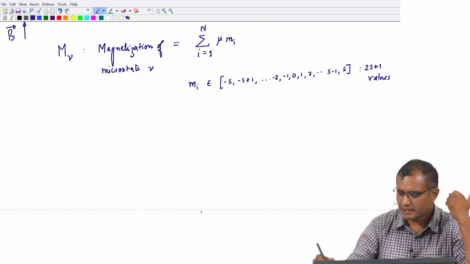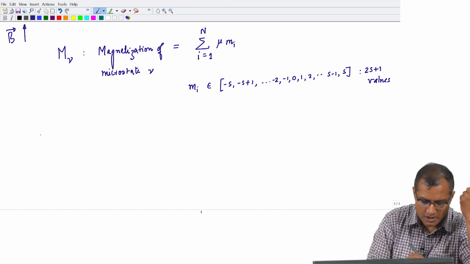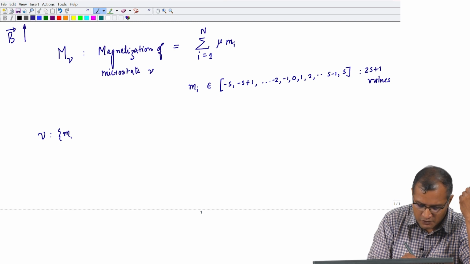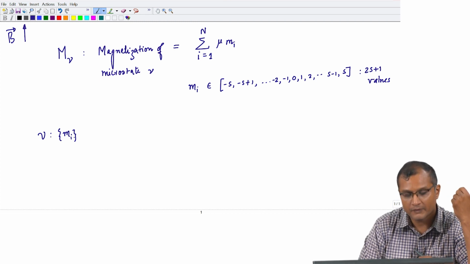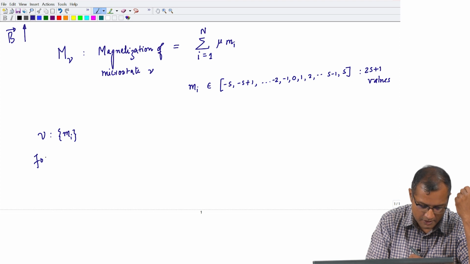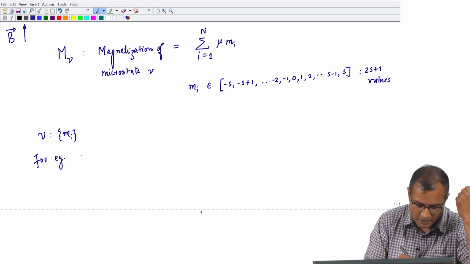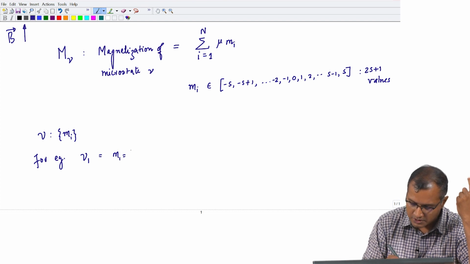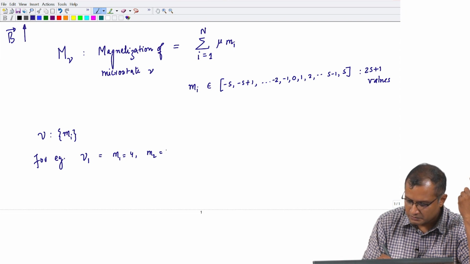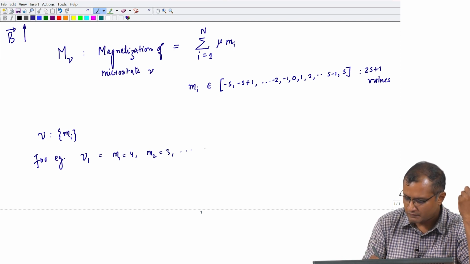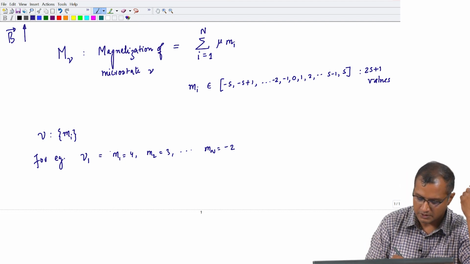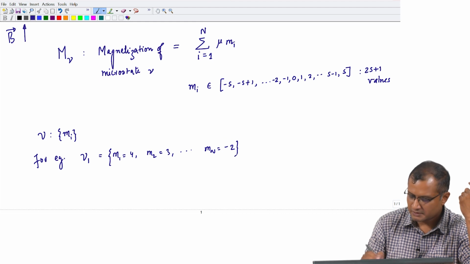Now, what is meant by a microstate here? As you already know, a microstate is nothing but specified values of these excitations. For example, one microstate can be specified as m1 equal to 4, m2 equal to 3 and so on, and mn equal to minus 2, whatever. So, this is one microstate.